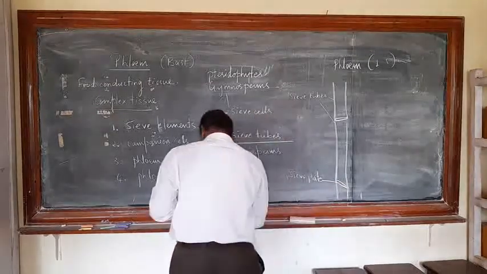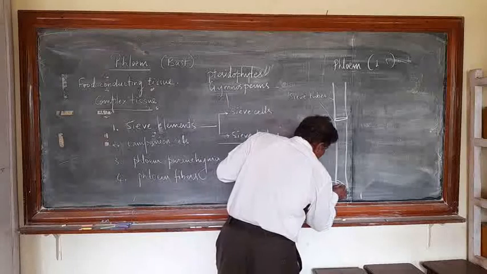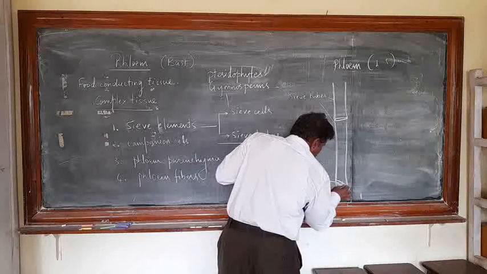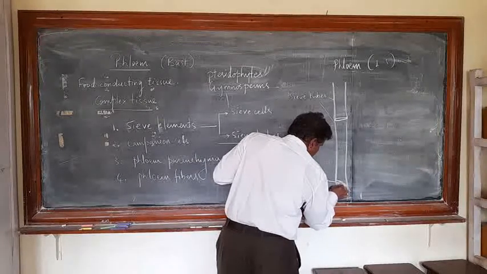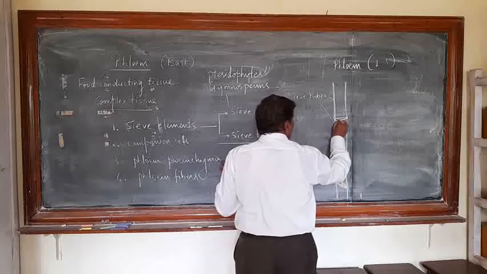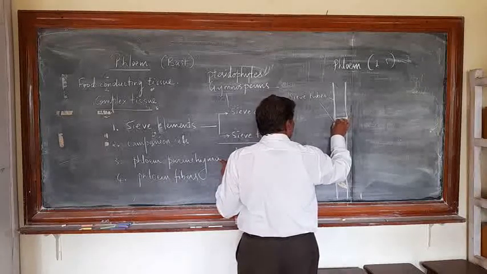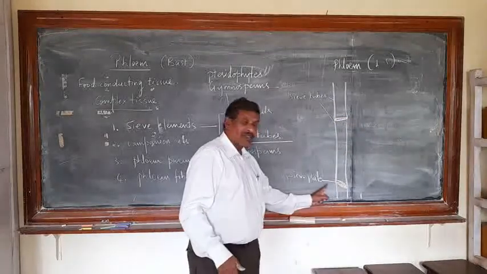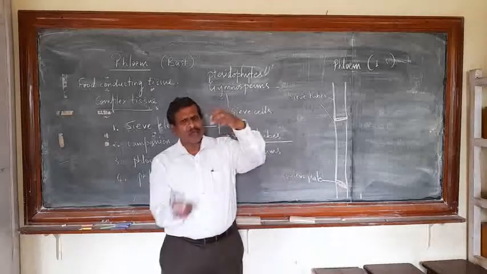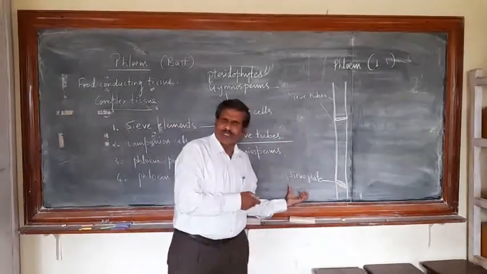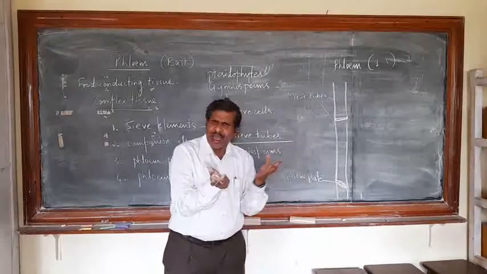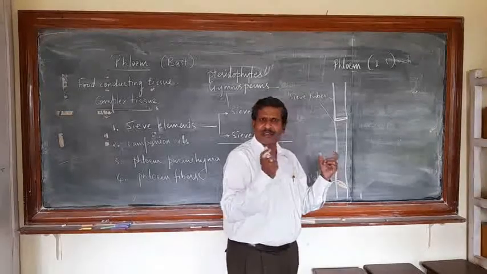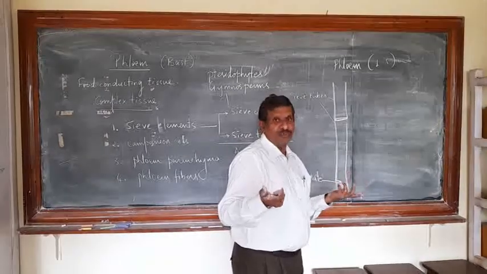The sieve plate has numerous pores, numerous perforations on it, just like this. You can see the perforations. The plate-like structure having perforations can be called a sieve plate. Any structure having pores is usually called a sieve structure. No doubt it is a plate-like structure having pores. That is why we refer to it as a sieve plate.